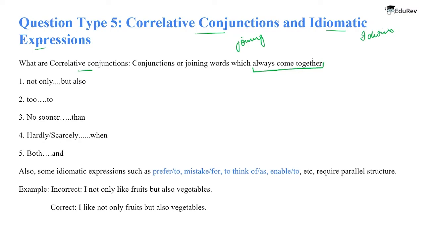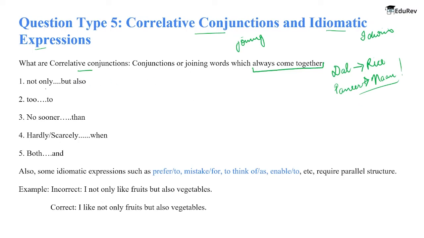Like you can take an example that with dal always comes the rice, or with paneer always comes the naan, right? So these are correlative conjunctions.